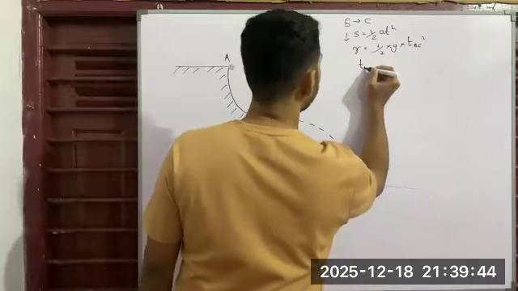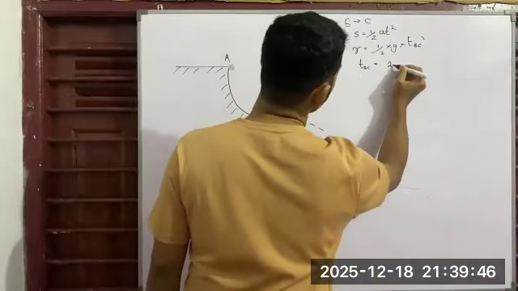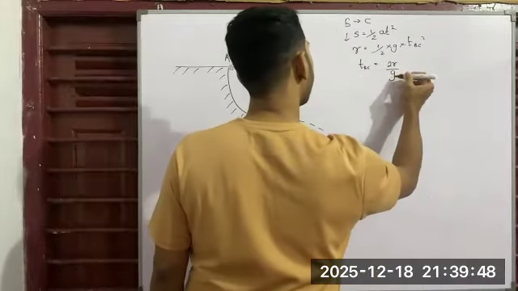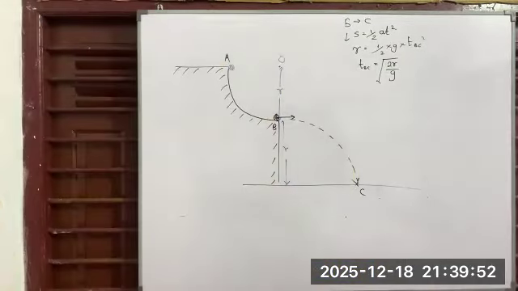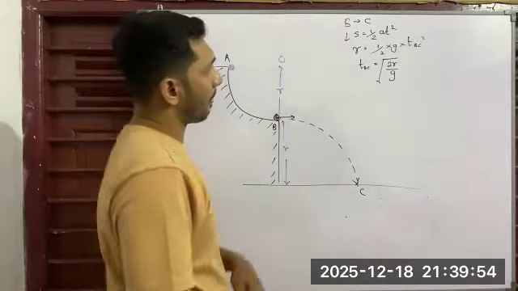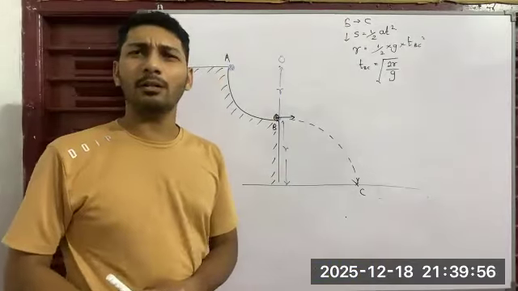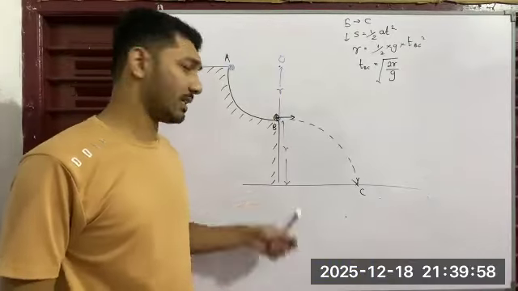So TBC will be equal to the square root of 2R over g. I'm just deriving the equation, okay?